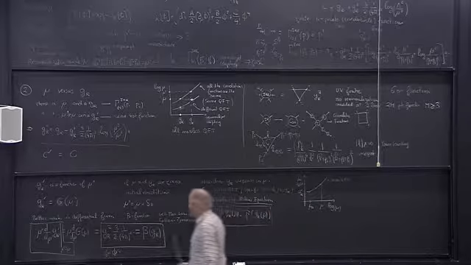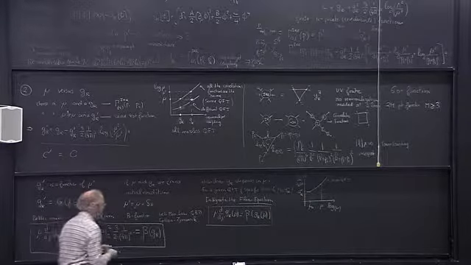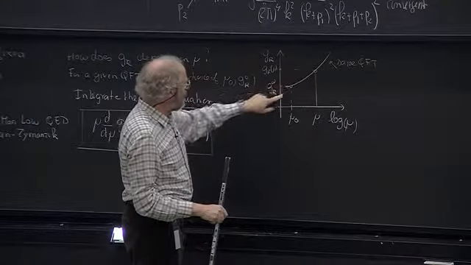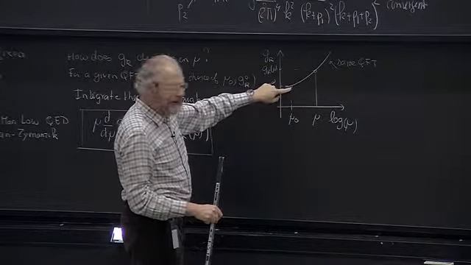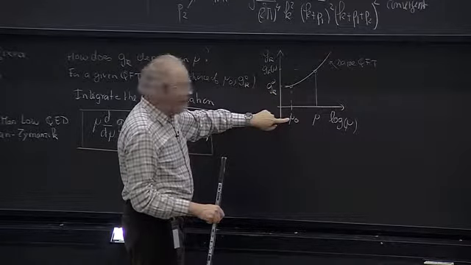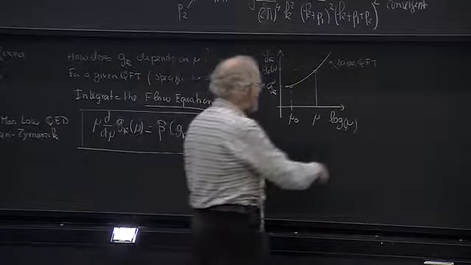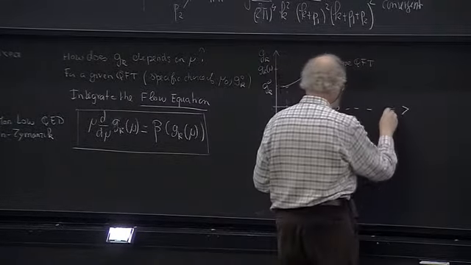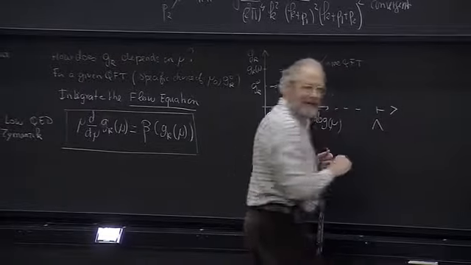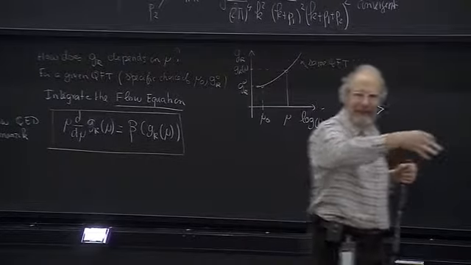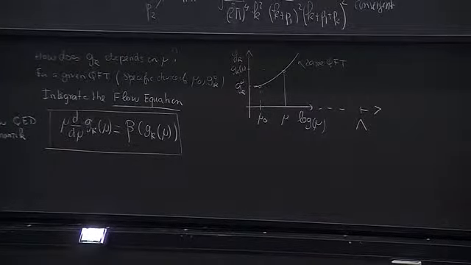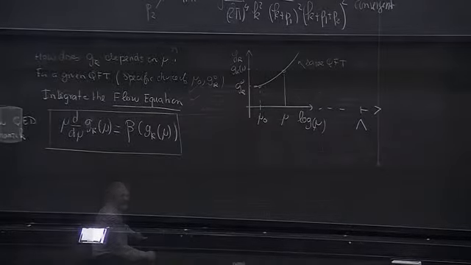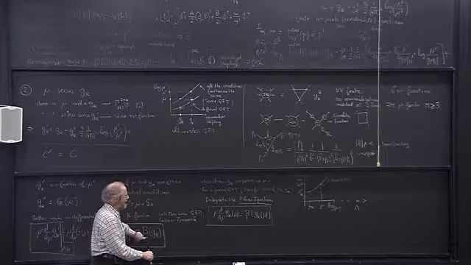But you can do the opposite relation. You start from a renormalized theory with a finite renormalized coupling constant for a finite value of mu. And now you ask what's the corresponding coupling for a coupling of the order of lambda, the original cutoff. Just by integrating this equation.